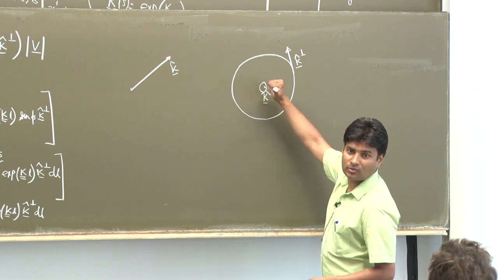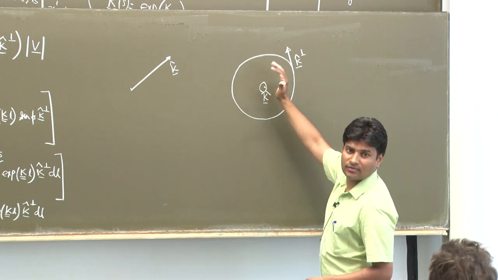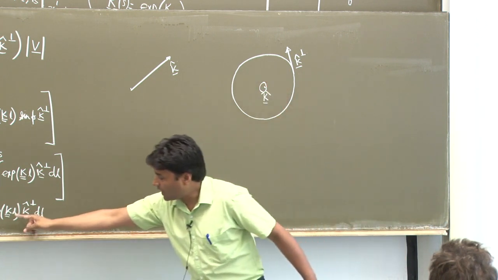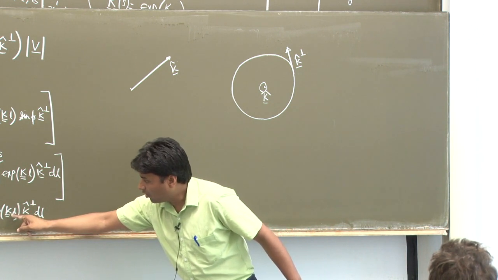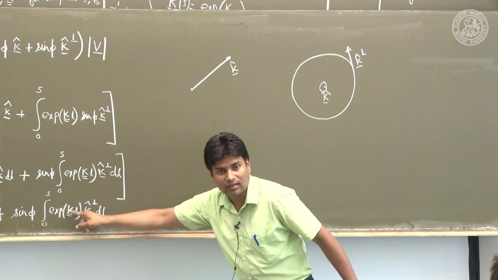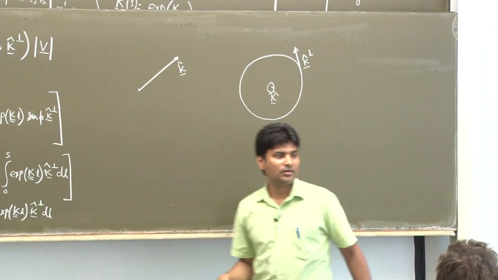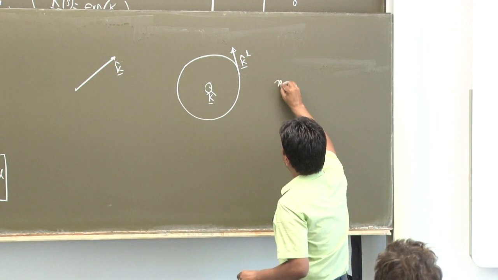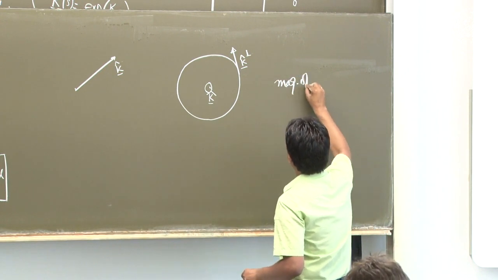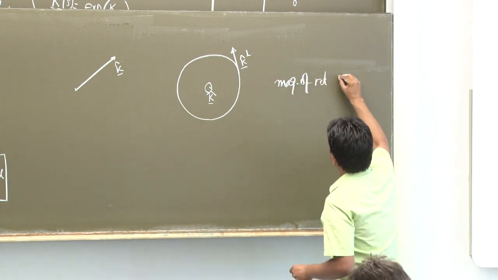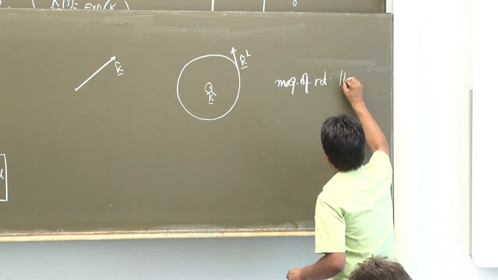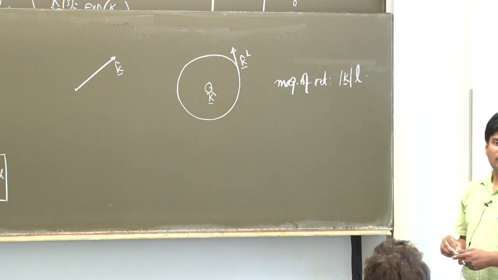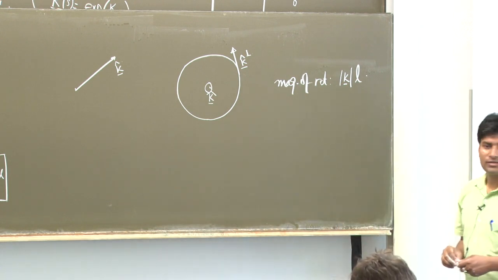And what's the magnitude of rotation? It's simply the magnitude of the little k into L. So the magnitude of rotation is the magnitude of k times L, isn't it?